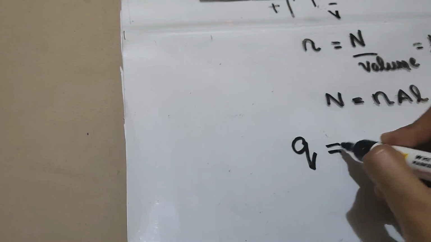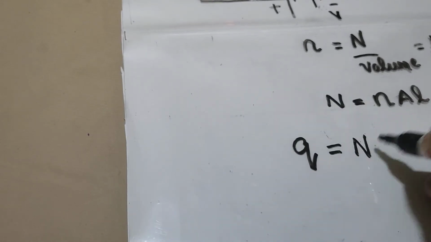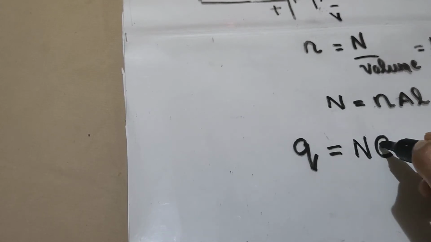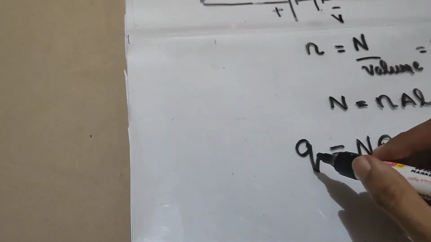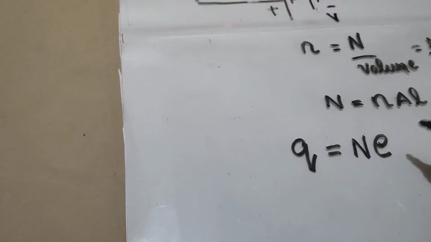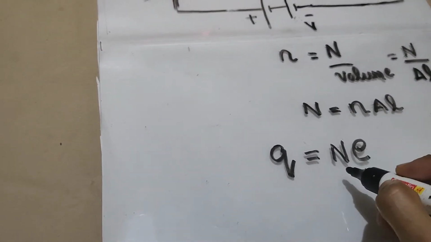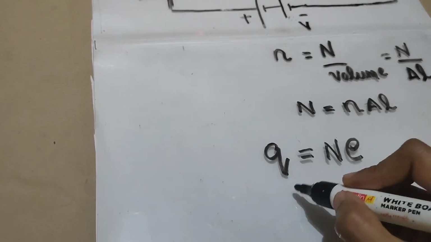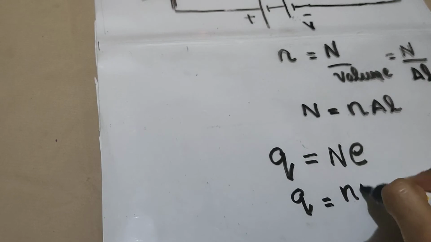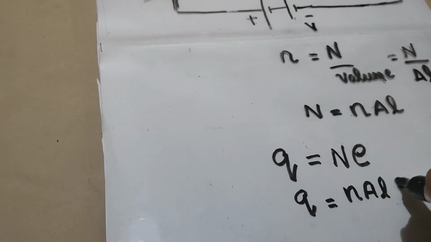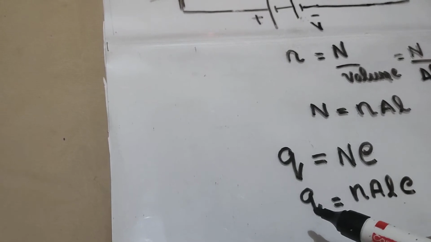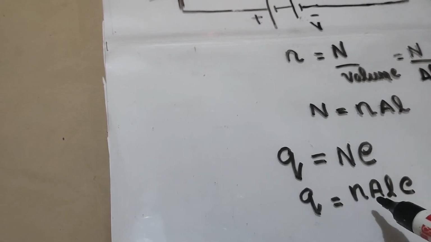Charge Q is equal to number into the fundamental charge. Here the charge of an electron is e, so the total charge is given by capital N into e. We can substitute the value of N here, so that we get Q equal to nALe. So now we have the value of Q as nALe.